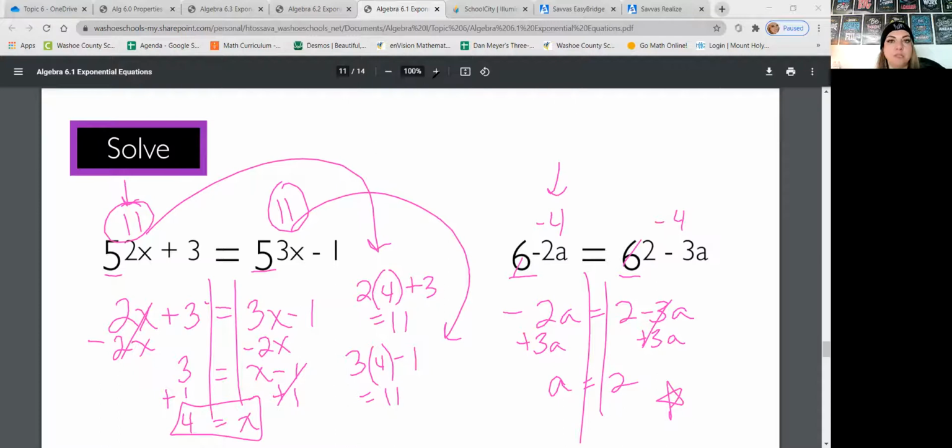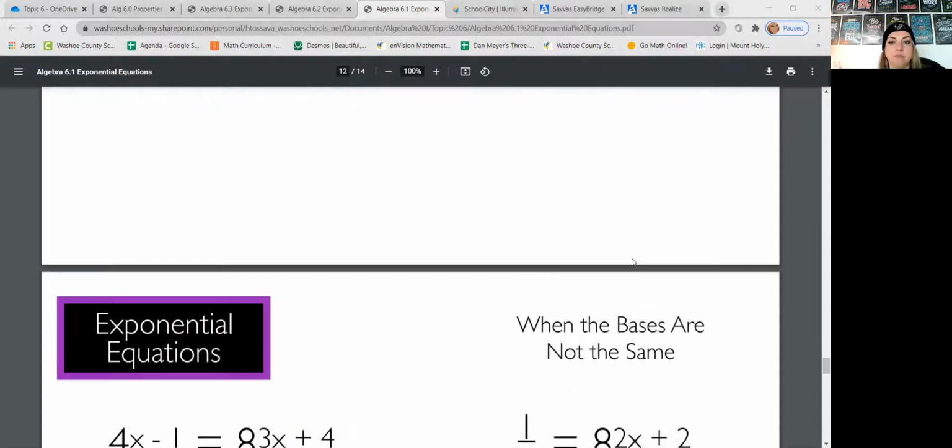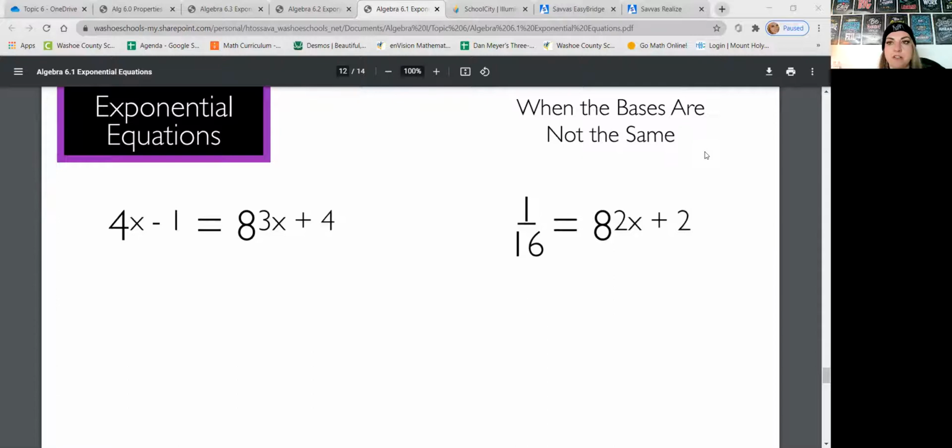Now, there are going to be times where the base numbers are not the same, so we're going to have to do things a little bit differently to solve those. Let's look at these examples when the bases are not the same. They will have something in common. We should be able to write the bases the same because they should be multiples of each other in exponential ways.